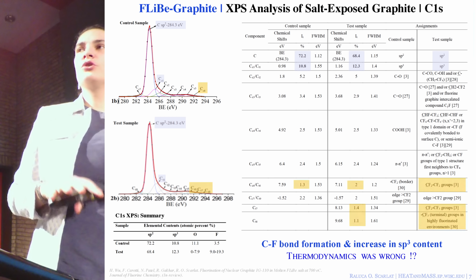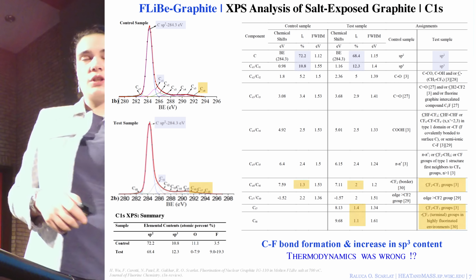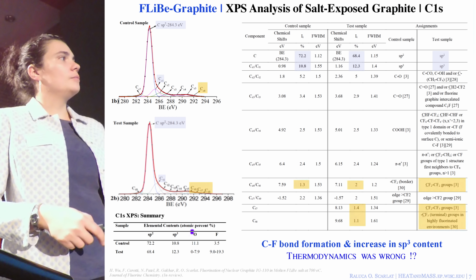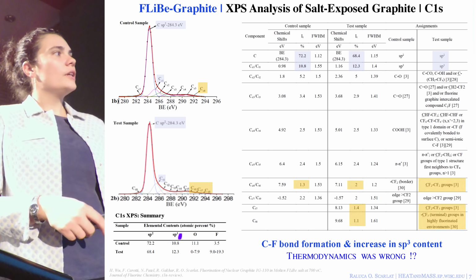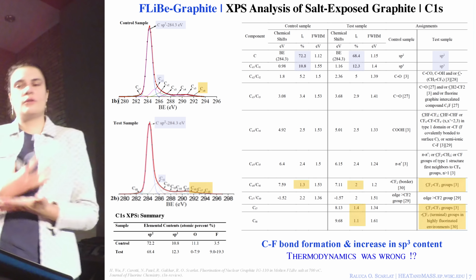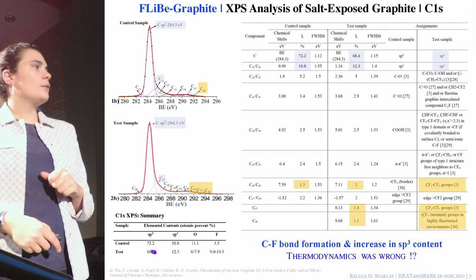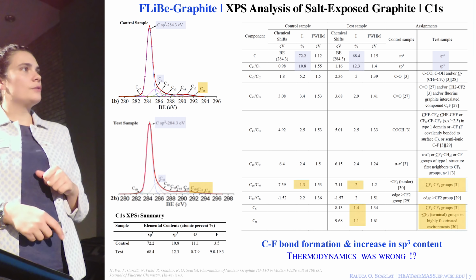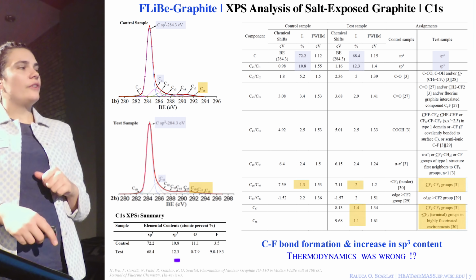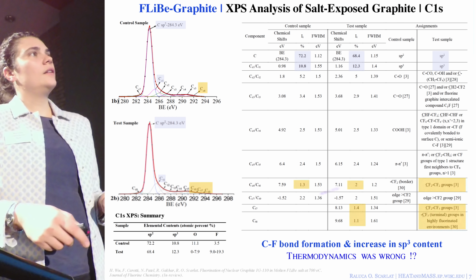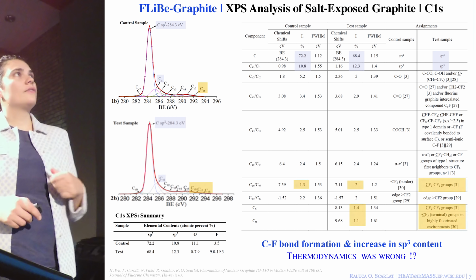If there are defects introduced in that graphitic sheet structure, it is possible to have an sp3 hybridization, and those correspond to non-perfect graphite. And so what we see is that after salt exposure, the amount of sp3, so the amount of defects, increases, in addition to the appearance of the CF bonds.